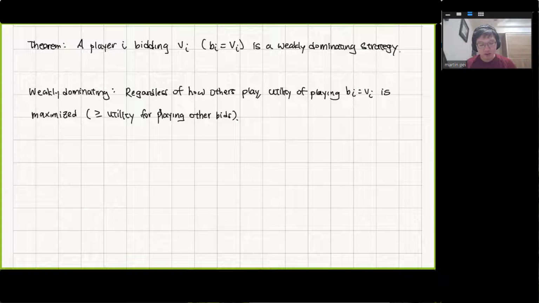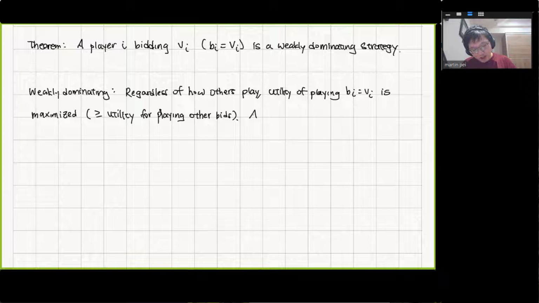But there's one more thing to weakly dominating. Not only is it the best possible way of playing the game, but also there's a situation where your utility actually strictly decreases if you switch.